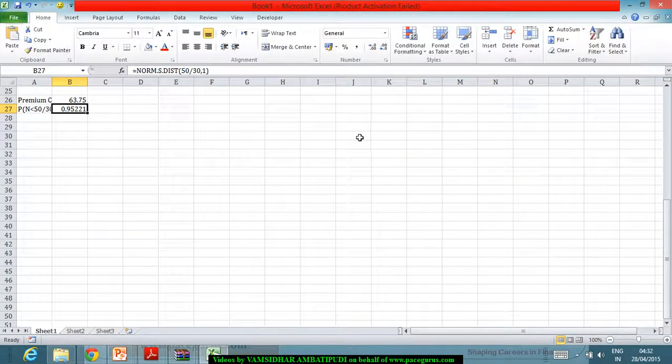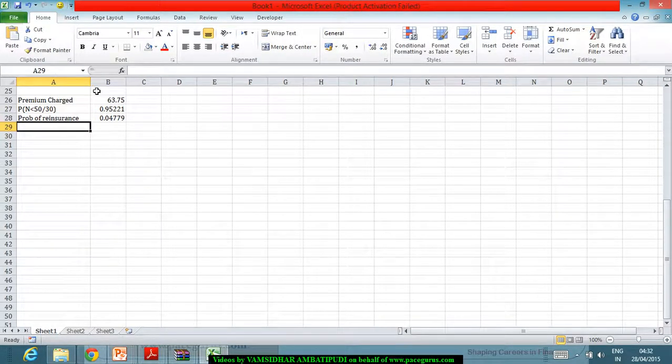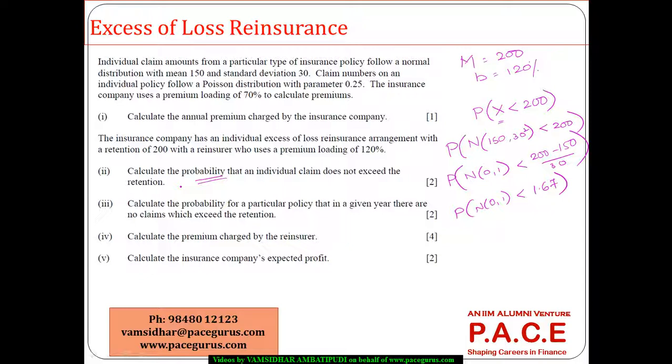The probability of reinsurance is only 1 minus this, around 4.77%. 95% chance that the claim will be much below that retention limit itself. So that's how we can look at the second one.